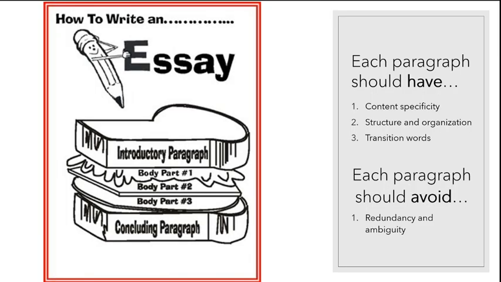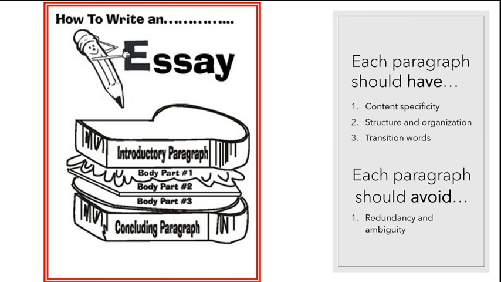When you write an essay, you should follow that writing process, and you should remember the main parts it should have: an introductory paragraph, several body paragraphs, and a concluding paragraph. Within your introductory paragraph, there should be a thesis statement that tells me what your essay is about, what the purpose of your essay is.